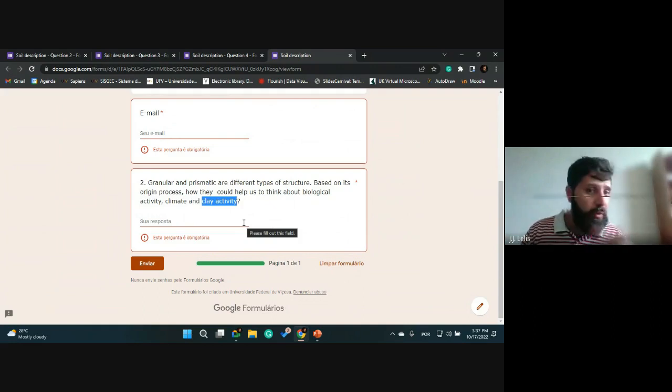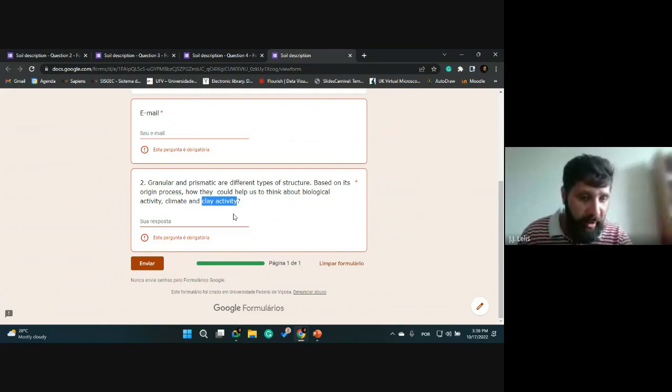And I can only form prismatic structures in areas with a high change of volume of the clay fraction, okay? Prismatic structures are also common in dry regions because dry regions favor the formation of high activity clays.